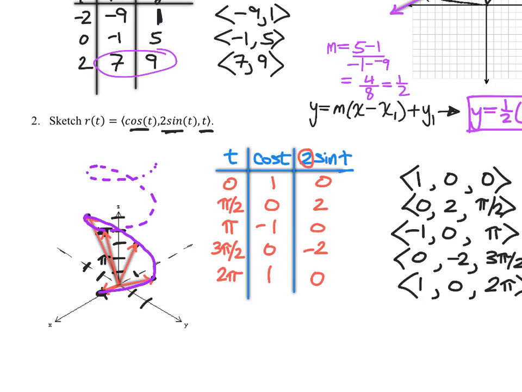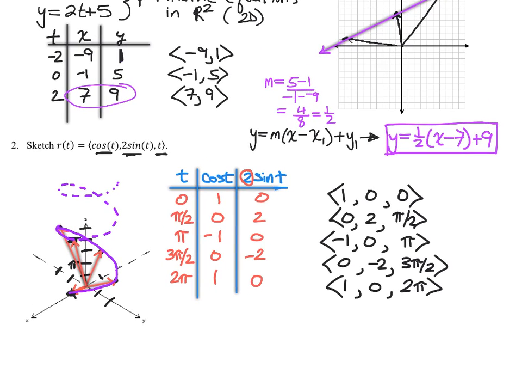So you're ending up with something that's kind of like a spiral staircase, and you can see what I was saying before, you're not going to get in a hand-drawn diagram what you would get with technology. But we've got to start somewhere, and this is where we start. This is basically the graph of a slinky, but it's an elliptical slinky.